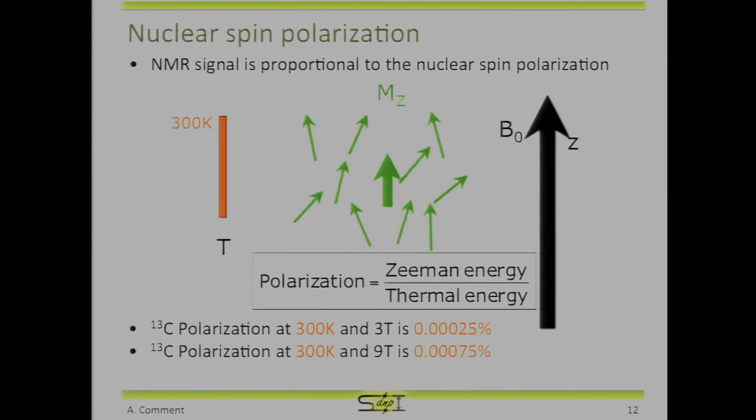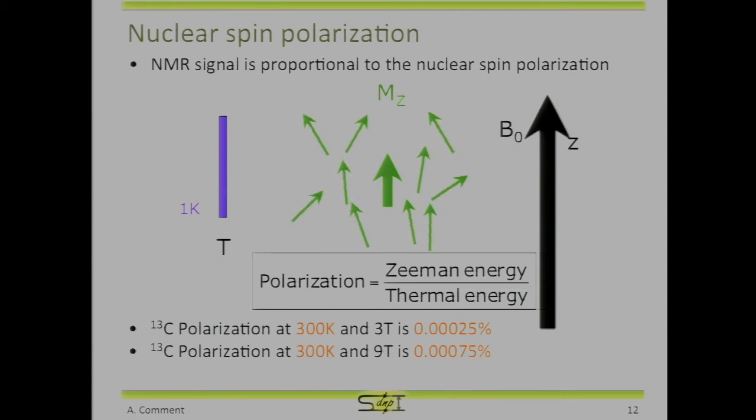That means you see very, very little amount of spins. If you increase your field by 9 Tesla, you have to put down $10 million, and you get a factor 3. Pretty disappointing, right?